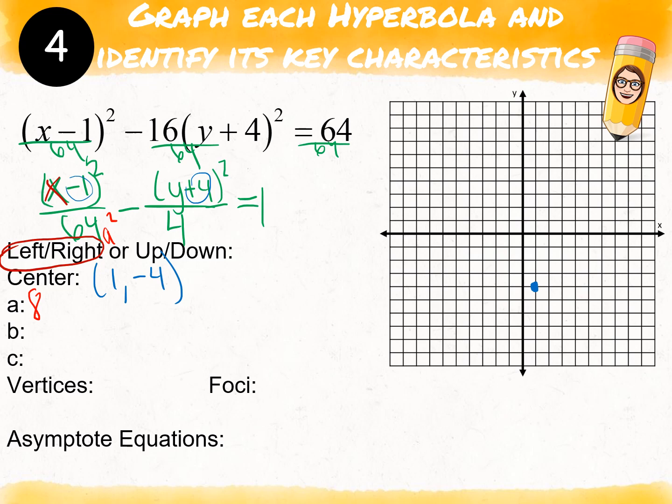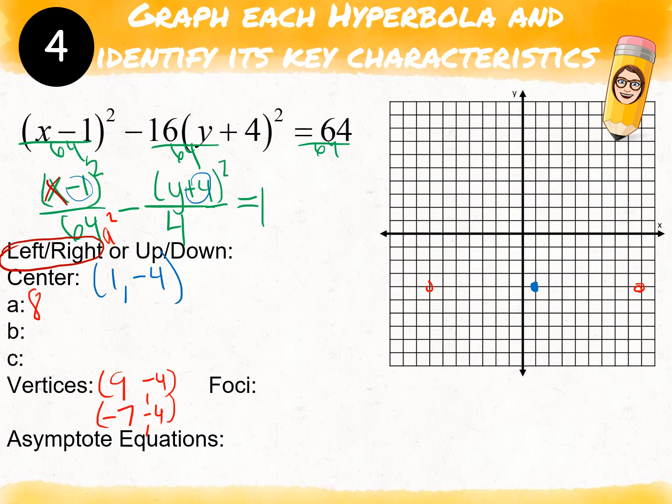Kind of big, right? So let's draw this out. We're going to go 8 to the right because it's left-right orientation. We're going to go 8 to the left. So to write those, notice the y value stays the same on the center. And we're going to take that 1 and add 8 and take the 1 and subtract 8. All right, our b value.